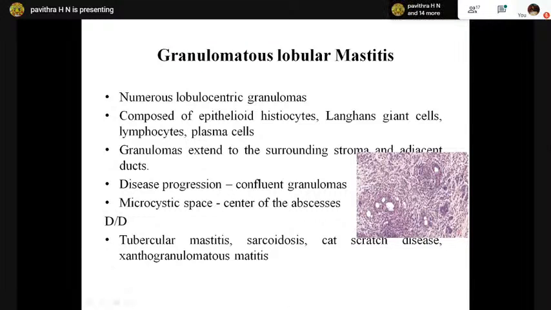This is a picture I took from a book, showing multiple granulomas with abundant inflammatory infiltrate. All these come under differential diagnoses, and you have to rule out all the other causes. Only then can you label it as idiopathic granulomatous mastitis.